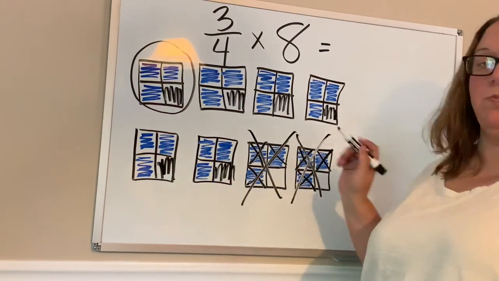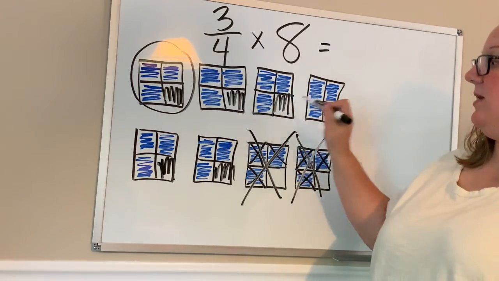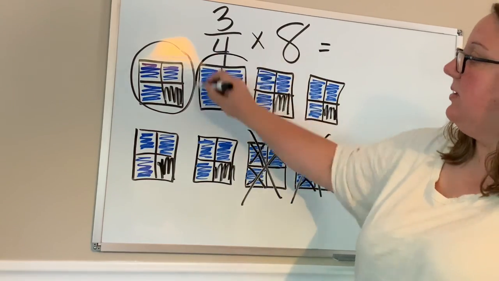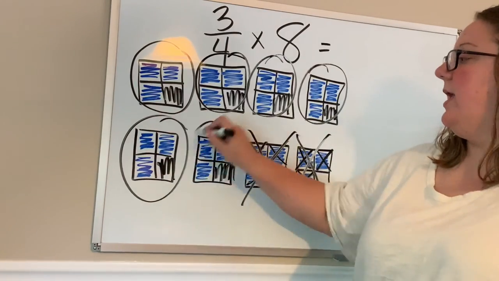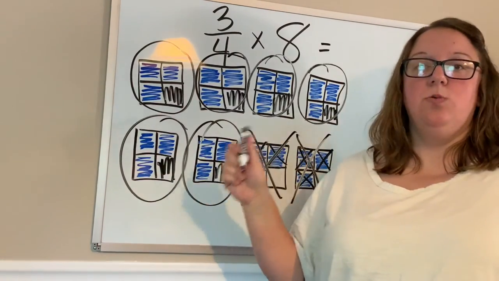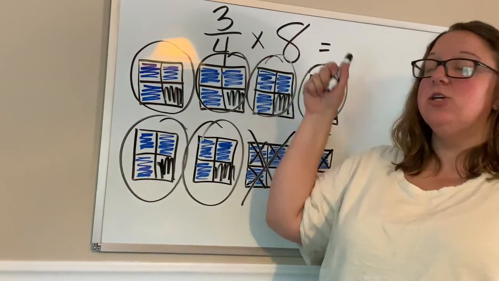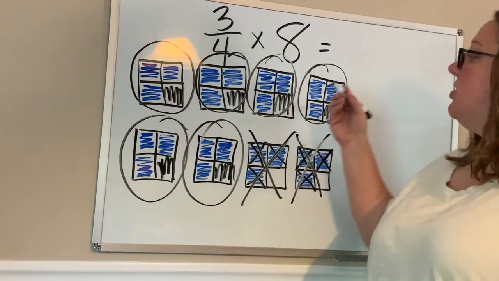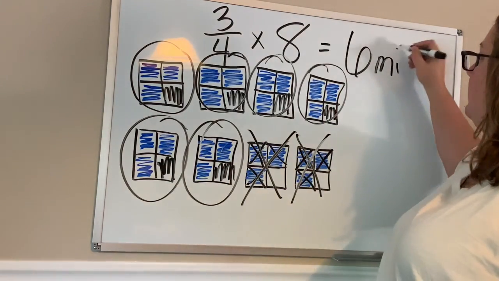I don't need these anymore because I took those pieces and I moved them to other days. So now if this is a whole, this is a whole, whole, whole, whole, and whole. So if Sue walked 3/4 of a mile for 8 days, she walked 1, 2, 3, 4, 5, 6. She walked 6 whole miles.